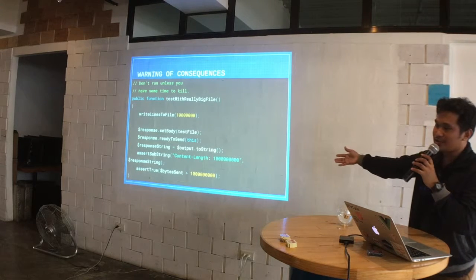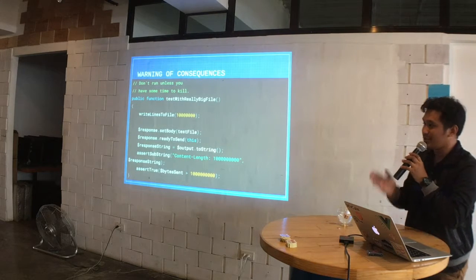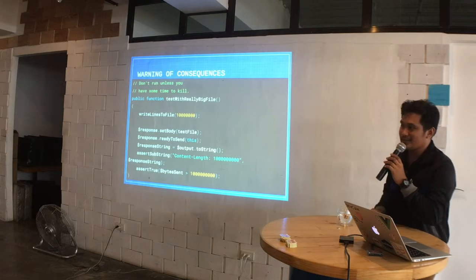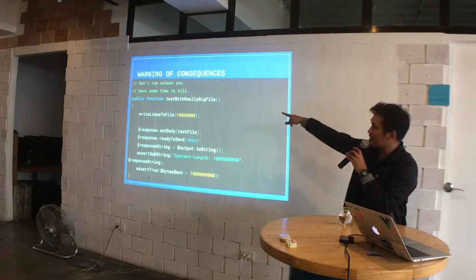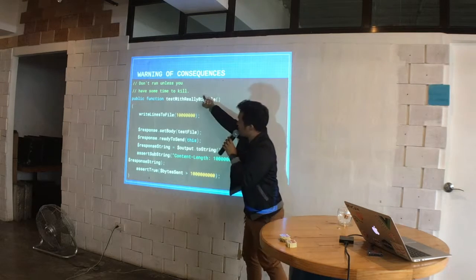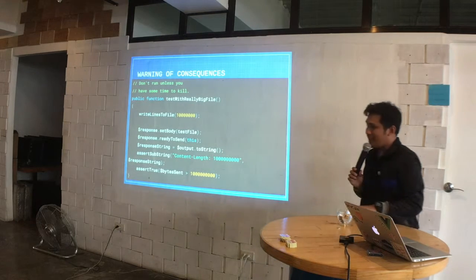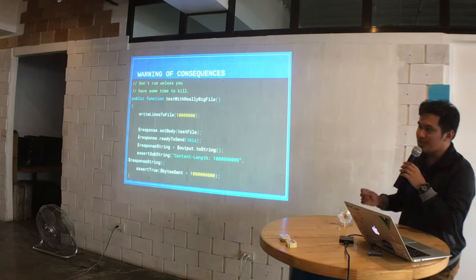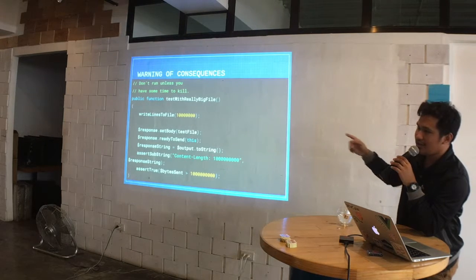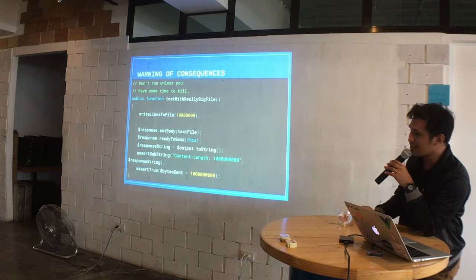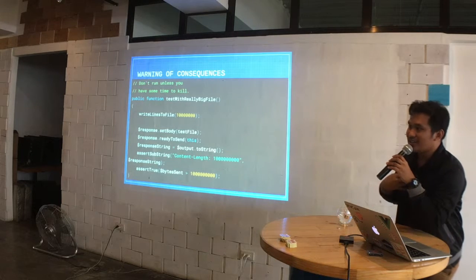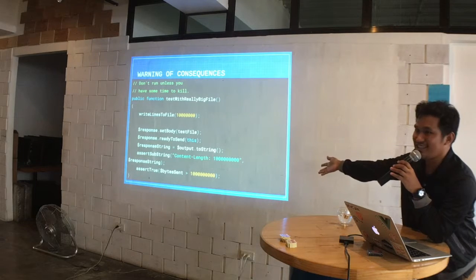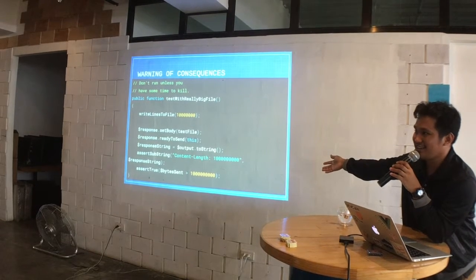We need to run this function only if we need to stop a process. Look at the comment below, for example. It says, don't run unless you have some time to kill. So you must not run this function unless you have a process to kill. As a new developer, you understand that this function is dangerous if you run it, right?